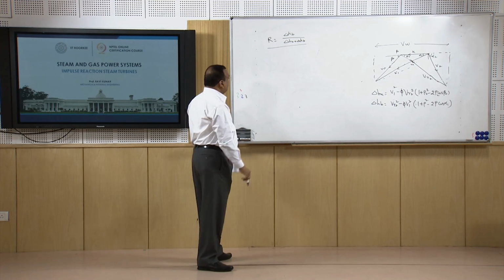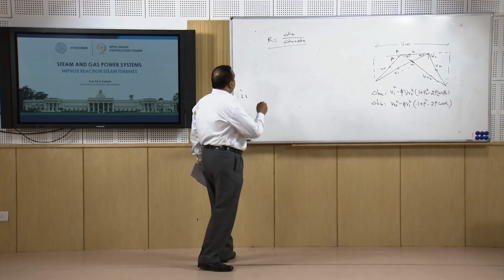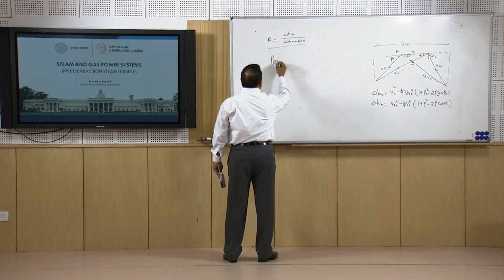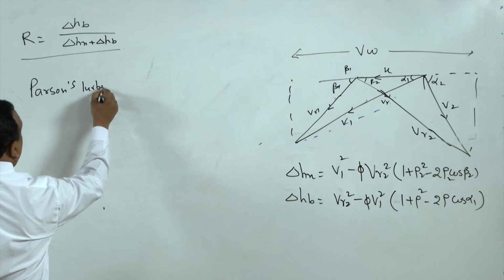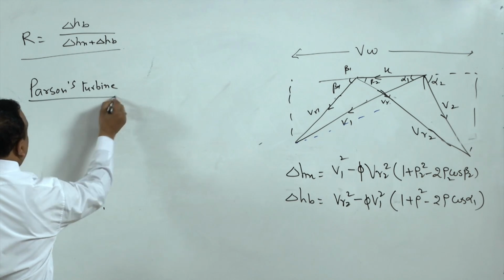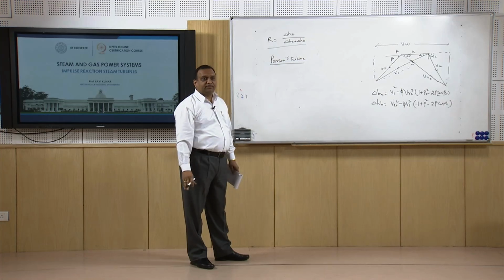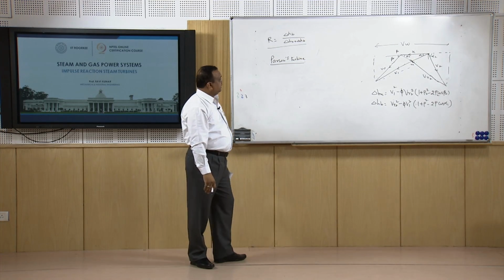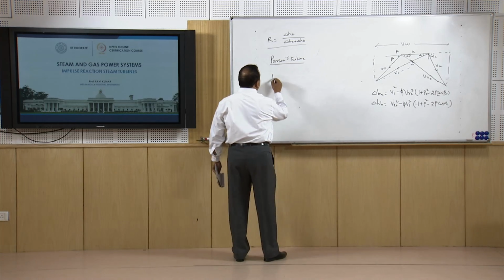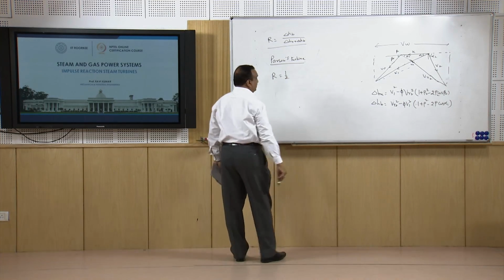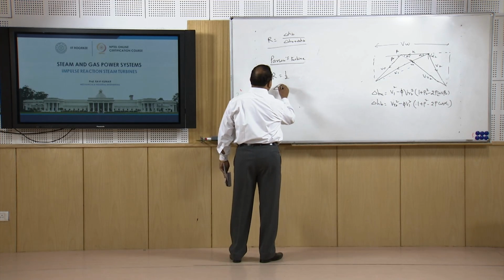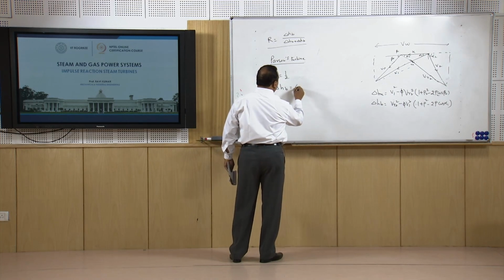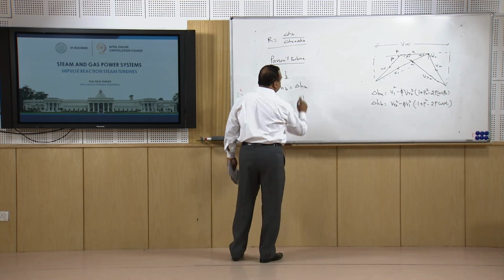Now, for impulse reaction turbine, there is a special type of turbine known as Parson's turbine. In Parson's turbine, the degree of reaction is half. When the degree of reaction is half or 50%, the enthalpy drop in blades is equal to the enthalpy drop in nozzles.